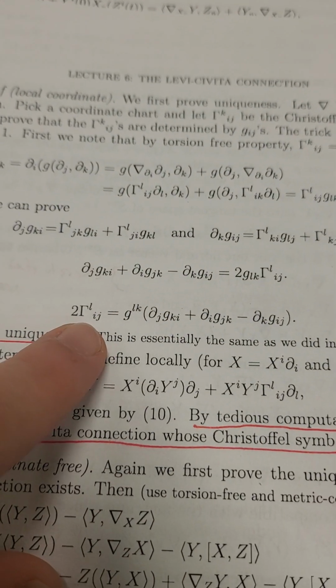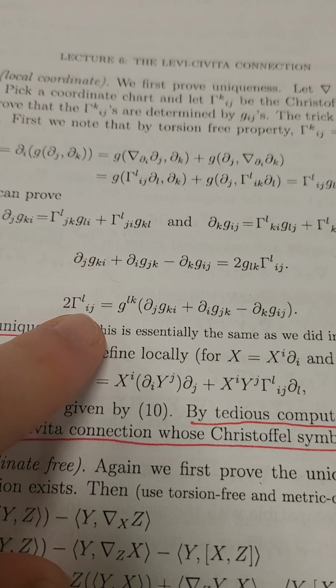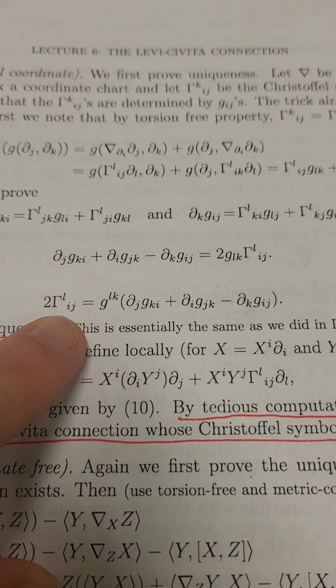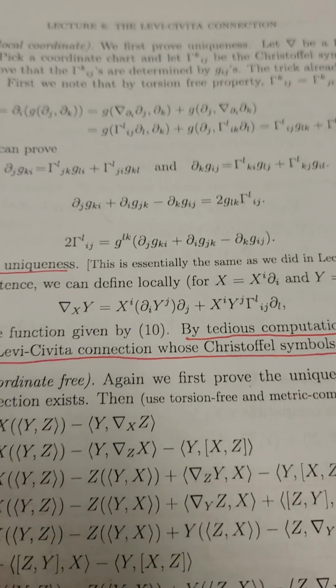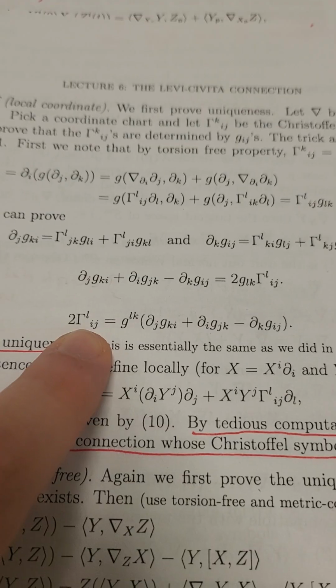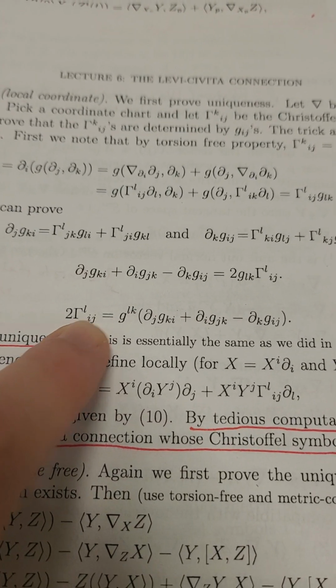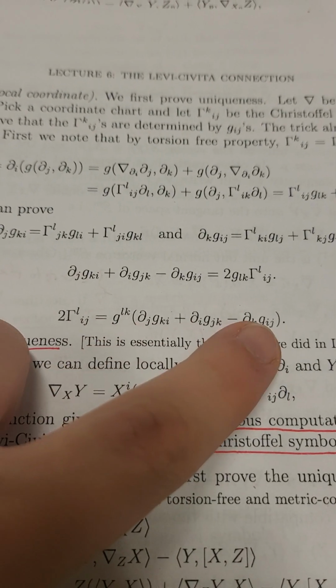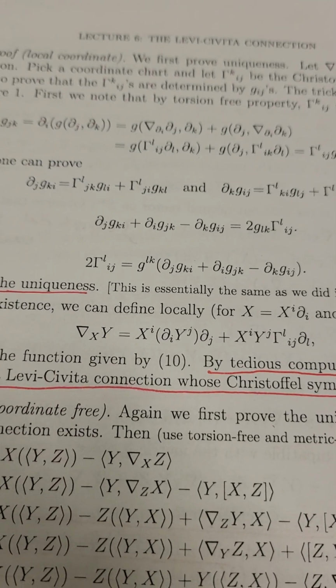Taking the inverse of the metric, we get an explicit equation for the Christoffel symbols in terms of the metric. This proves uniqueness because the Christoffel symbols fully characterize the connection, and so we have it fully characterized by the metric. So that proves this in coordinates.